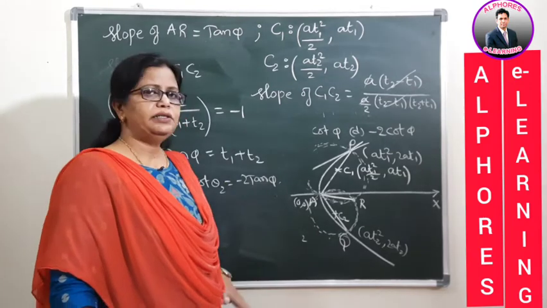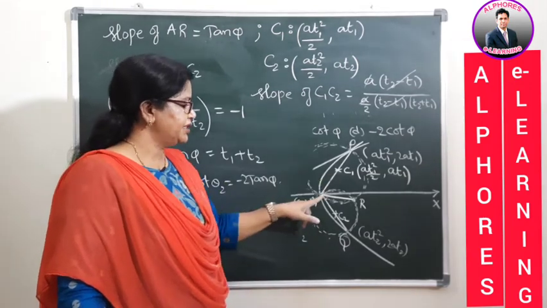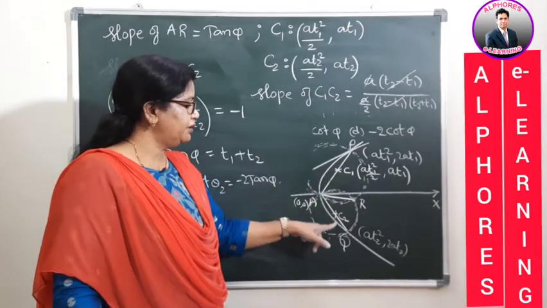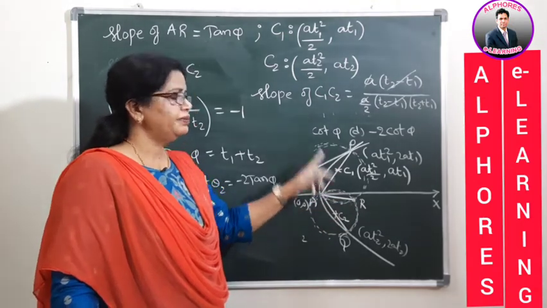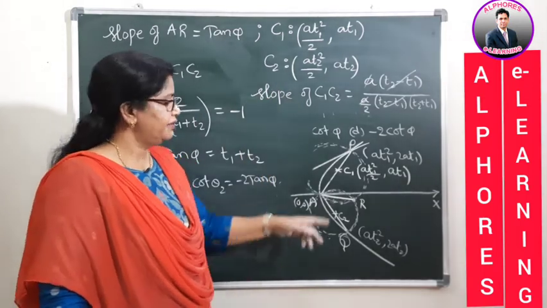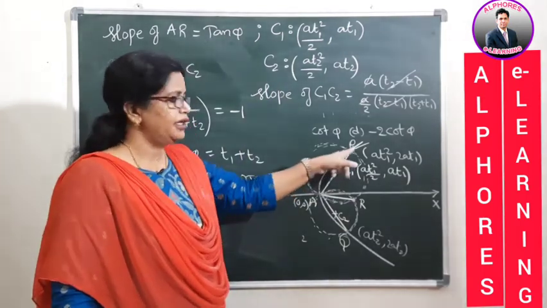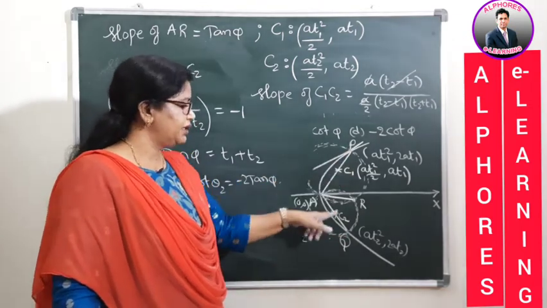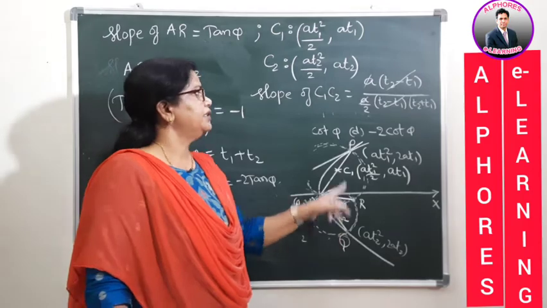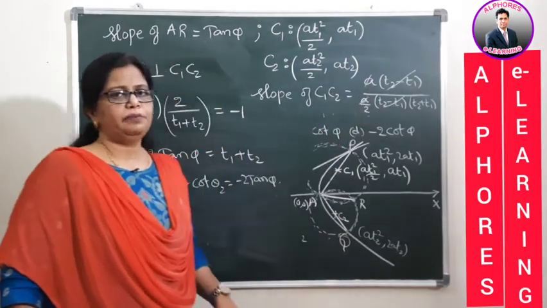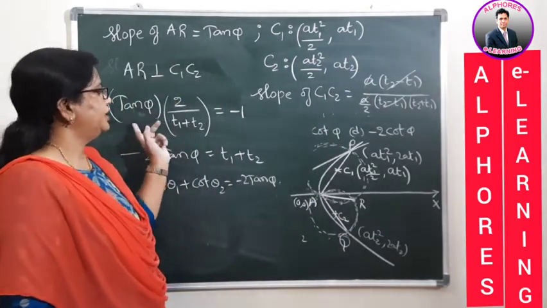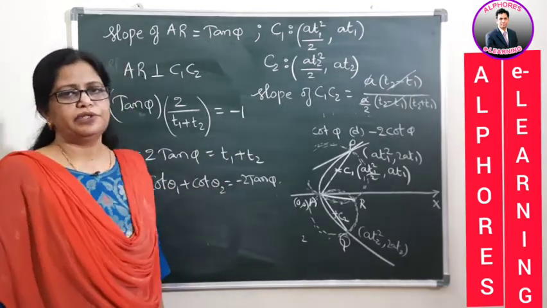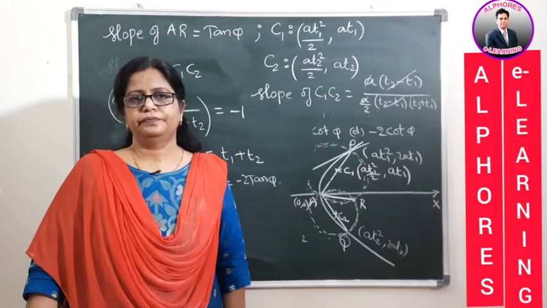Therefore we apply in the circle the concept that this is nothing but the common chord, which is the radical axis, and it is perpendicular to the line joining centers, and therefore directly you can make use of it. If you know it very well, then you can use it directly here also, but I have taken the centers, and the slope of the line joining centers we got as 2 by T1 plus T2, and this product is equal to -1 because they are perpendicular. Hence this is our solution.